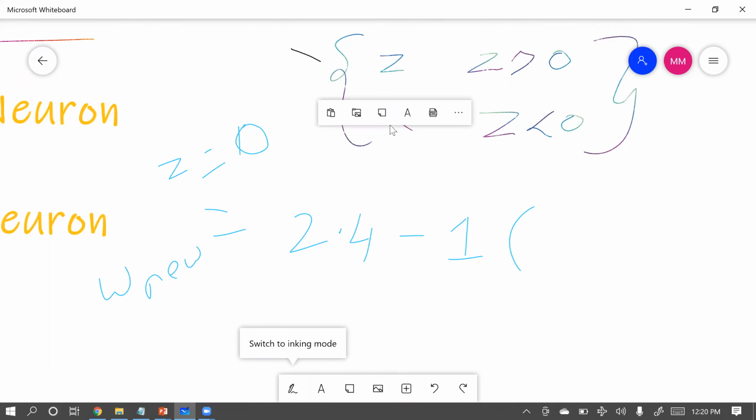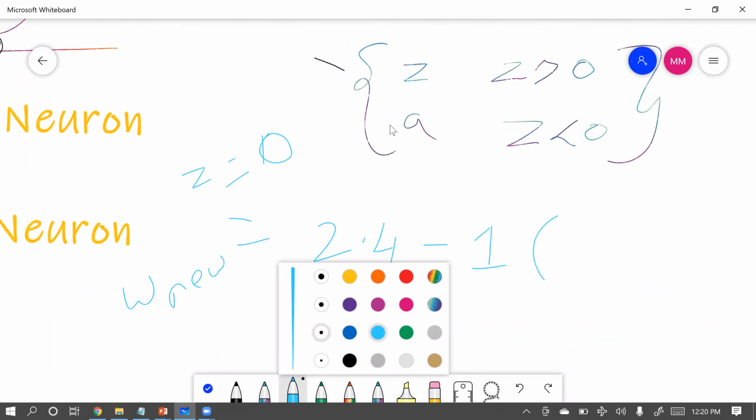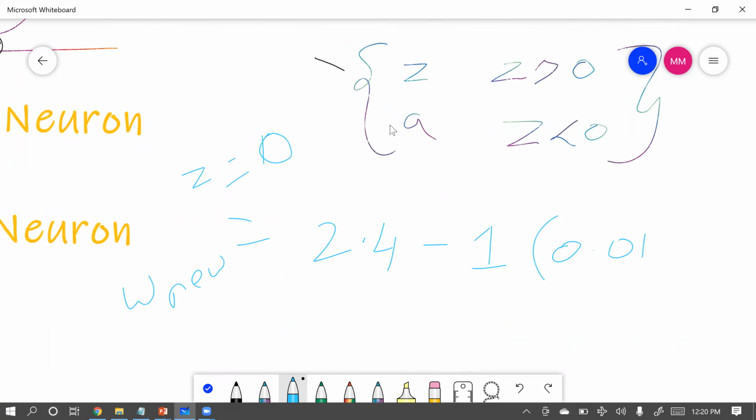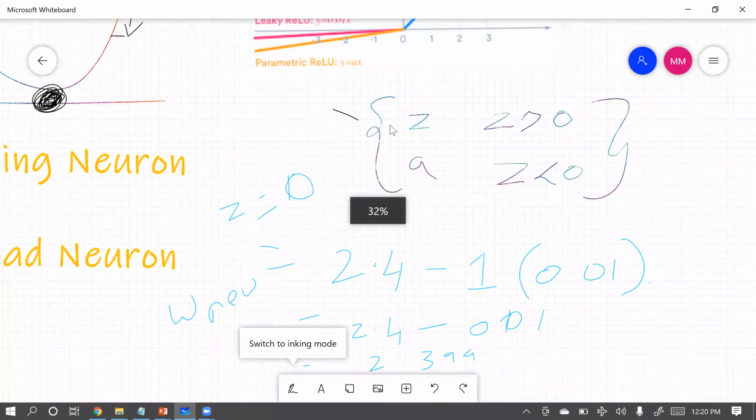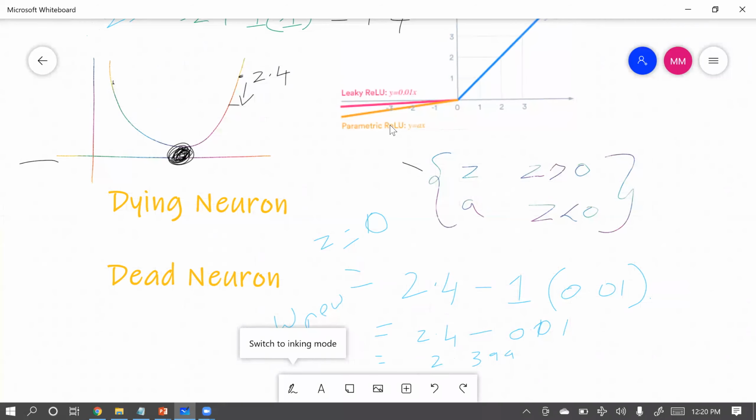As of now we'll consider the value 0.01. In leaky ReLU, this parameter value should be very, very minimal. When we calculate 2.4 minus this value, 0.01, in this scenario you will get something around 2.3999. So at least now our old weight is not equal to new weight, correct?